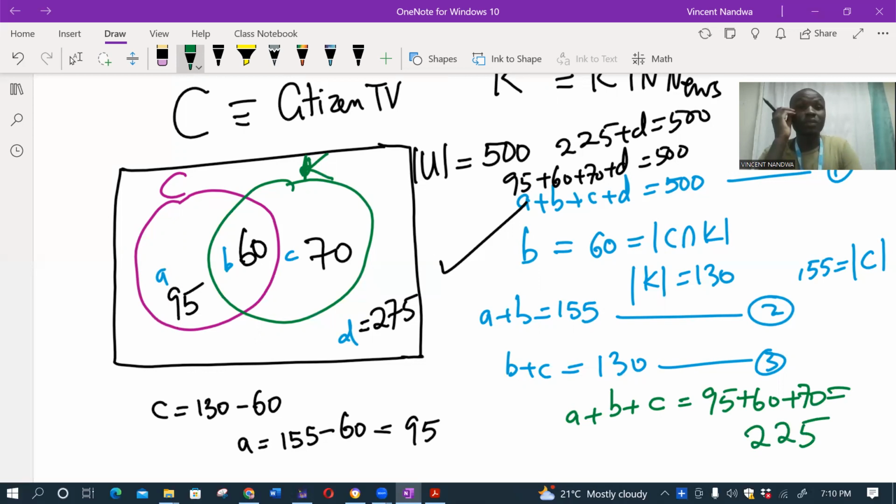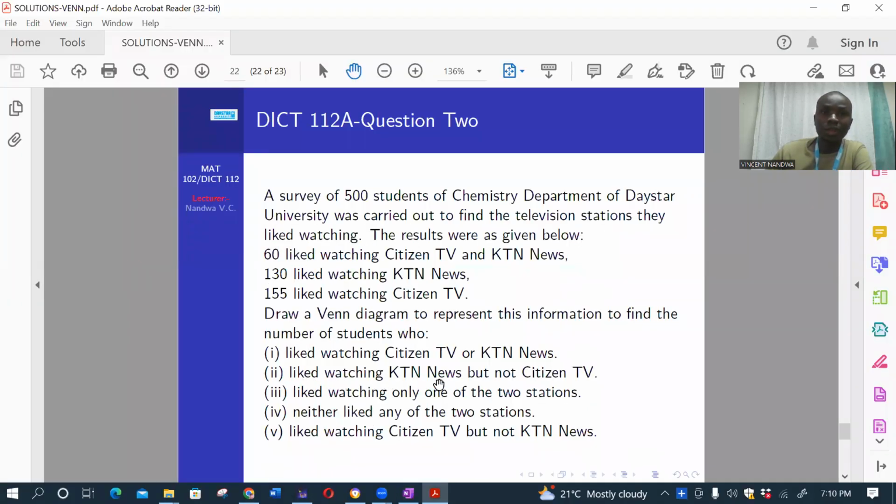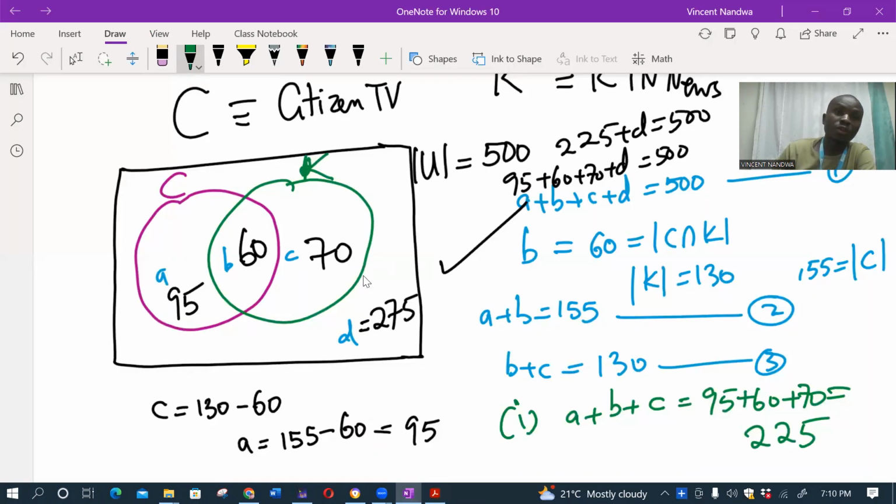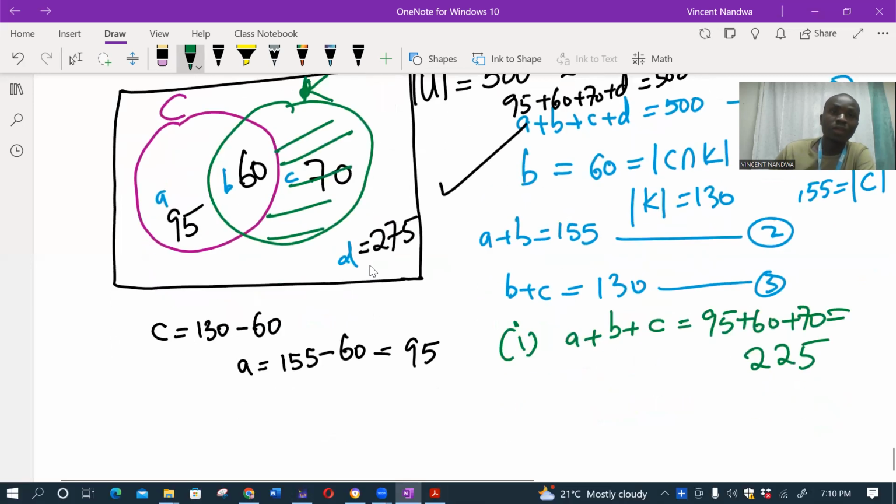So the answer to the first part is 225. Second part, liked watching KTN News but not Citizen TV. It means you are only in K, but you can't be counted to be in C. So the answer to that part is 70.